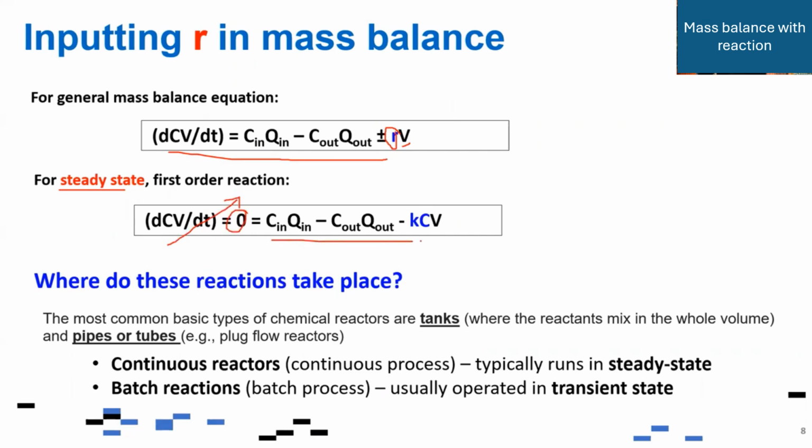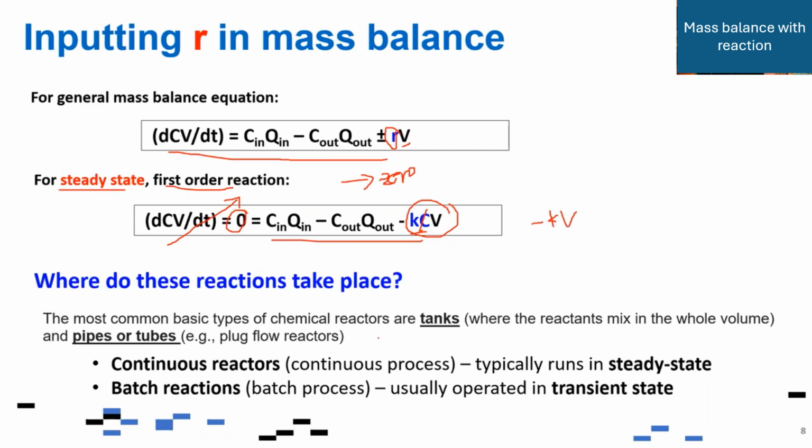And so we get minus KCV for a first order reaction. If it's a zero order reaction, what happens? The C will be out, so it becomes minus KV. So that will be the zero order reaction.